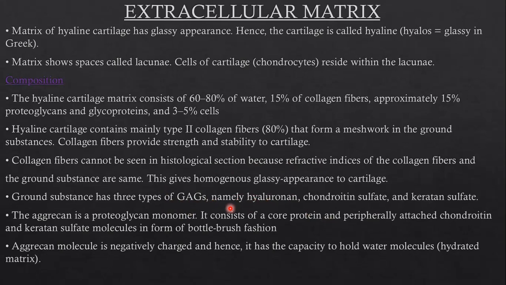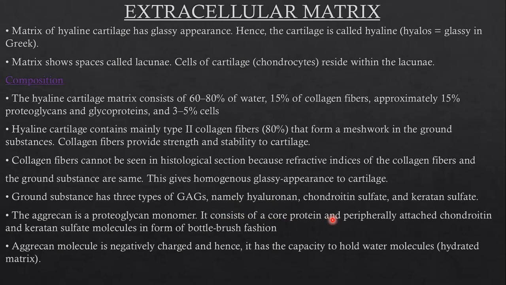Aggrecan is the proteoglycan. The aggrecan is a proteoglycan monomer, which consists of a core protein, and attached to the periphery of the core protein are the glycosaminoglycans, namely chondroitin and keratan sulfate, and they form a bottle brush.